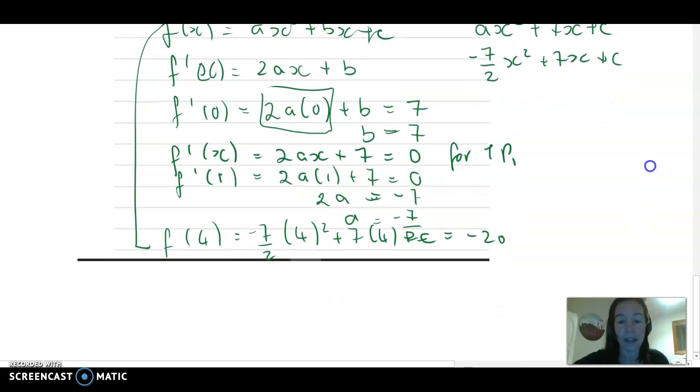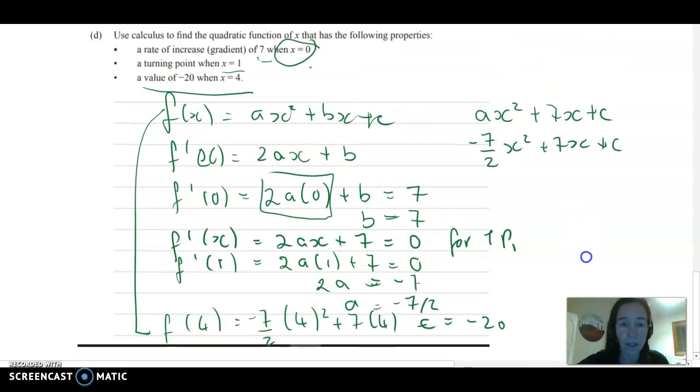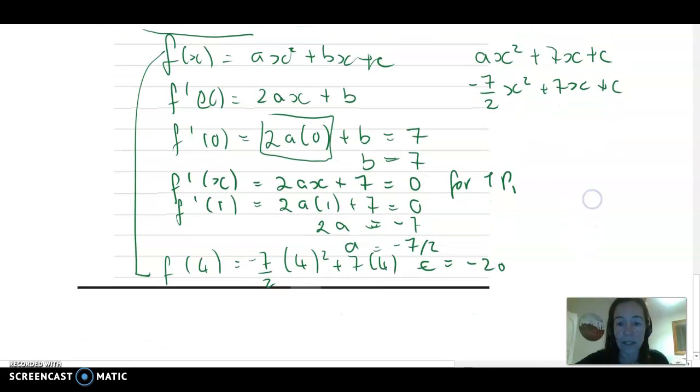I seem to have gone into my other line there a little bit. Just going to change that to negative 7 over 2, and then plus 7 times 4 plus some c. Okay? Just so it looks a little bit tidier.